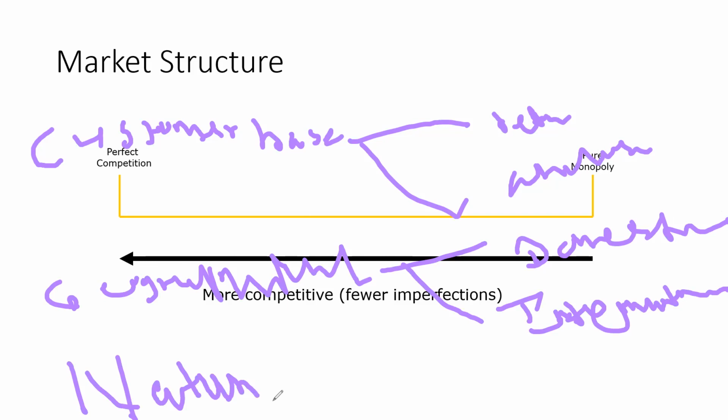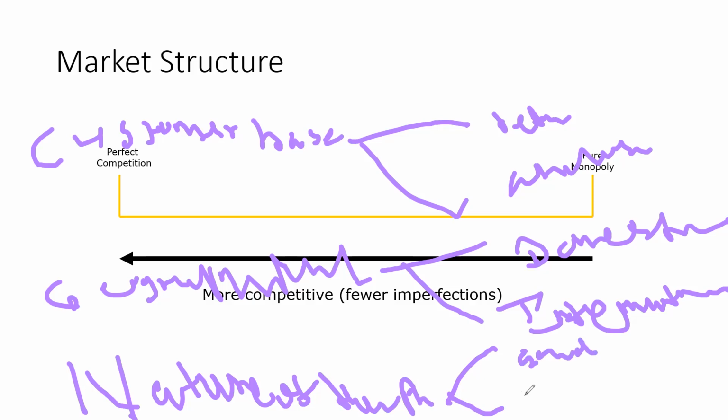Then if we consider the nature of the product, we can identify the goods market or commodity market, then the service market, then the money market. So likewise, based on different criteria, we can identify different market structures.